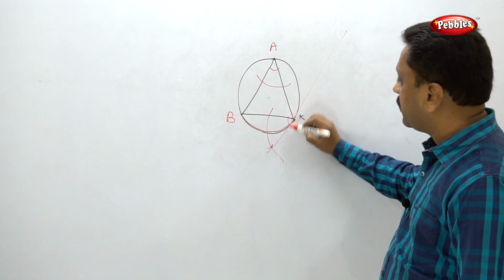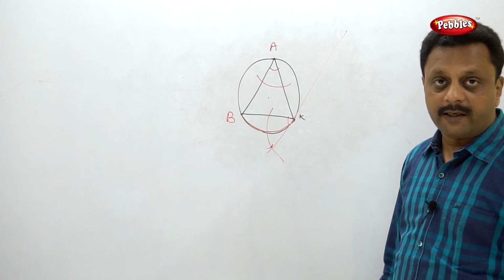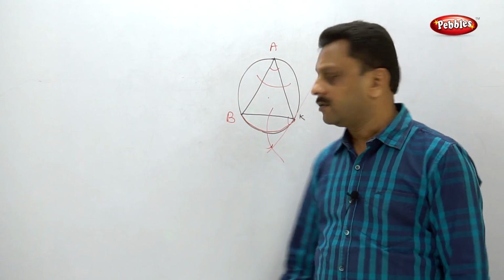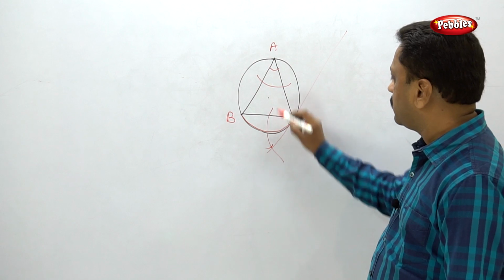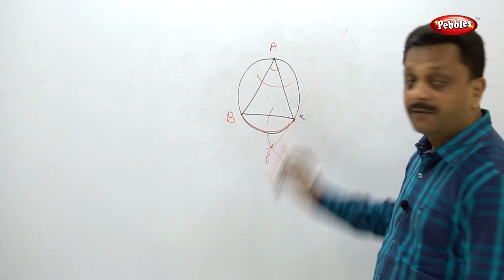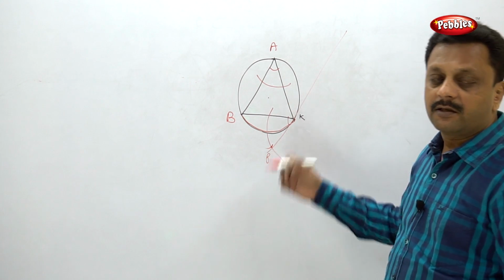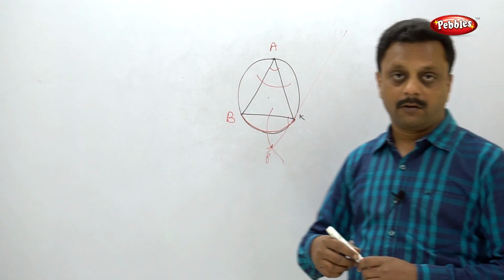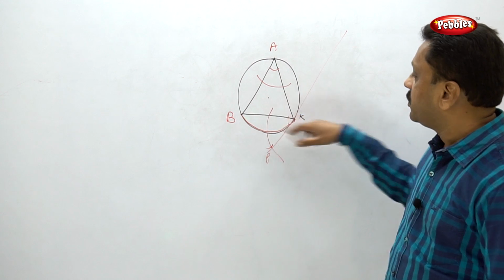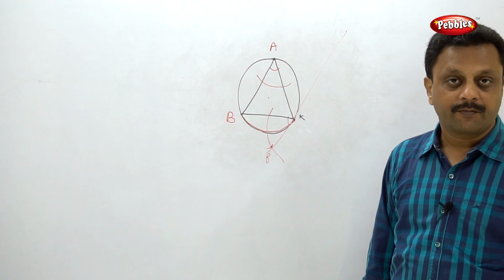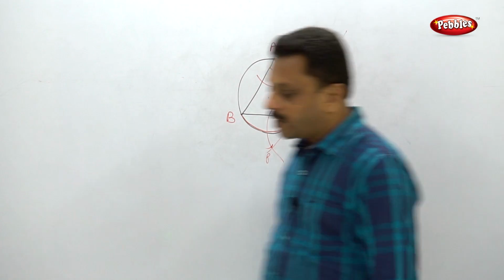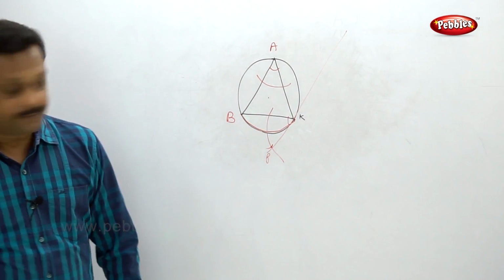Just mark this angle. You write that angle A and angle K are the angles. Mark this point somewhere P or something, and these are the angles in alternate segment. So those are equal, and so this line is a tangent. Okay, simple example. Let us see the next example.